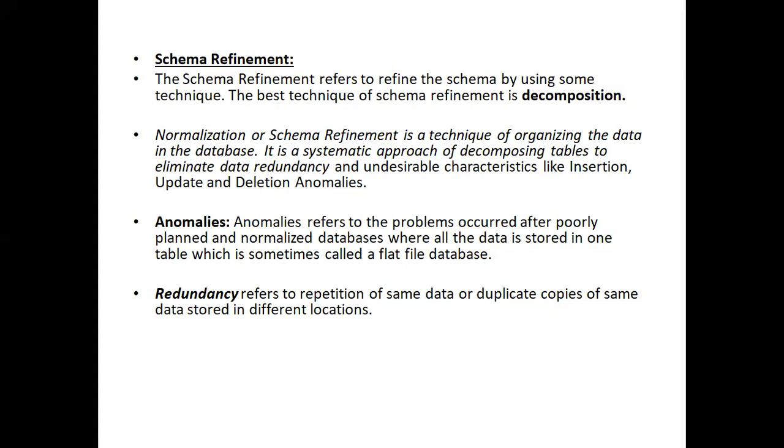Those problems are termed anomalies in DBMS. Those problems can happen in a situation of poorly planned, unnormalized databases where all the data is stored in a single table, or we can call it a flat file database, meaning we are storing within a single file.